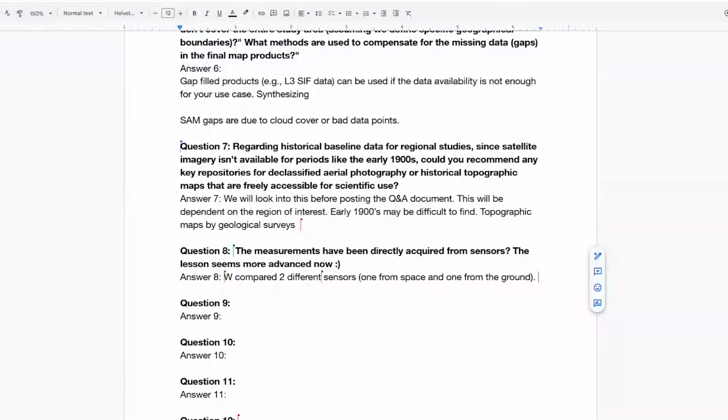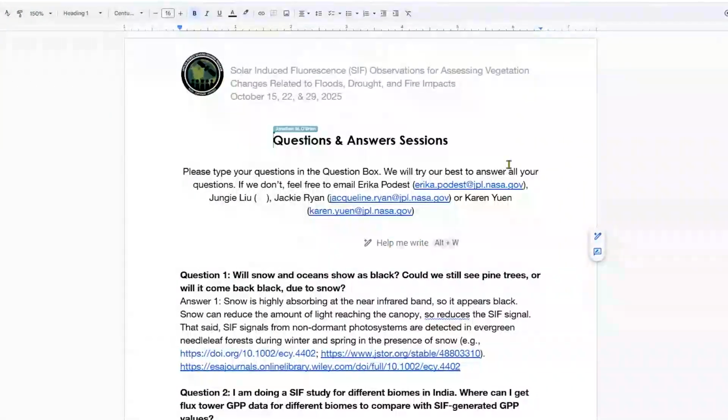There was actually another question that came in. Is it possible to integrate a second variable such as land surface temperature or soil moisture with the SIF data to understand the underlying changes or causes of the observed changes in vegetation health? This is an area of active research within our science community.